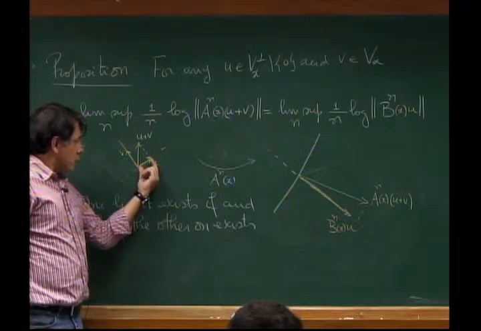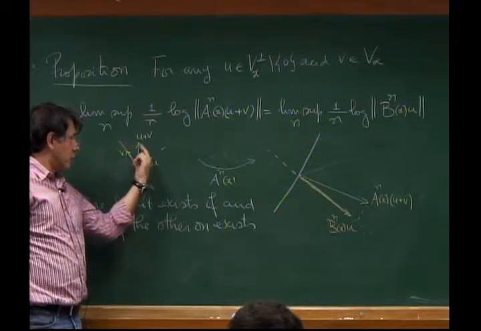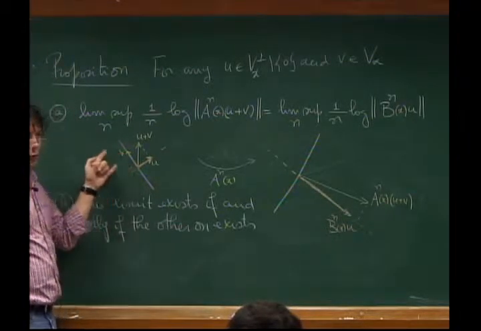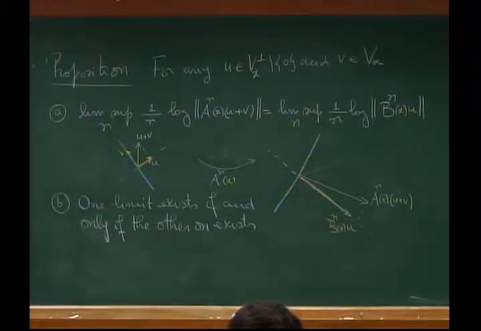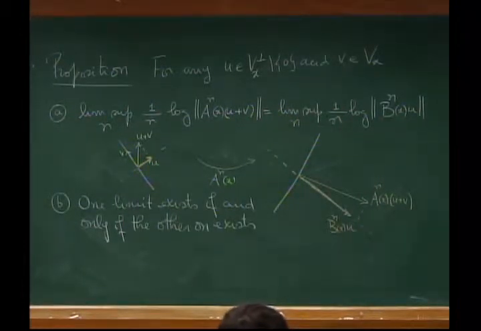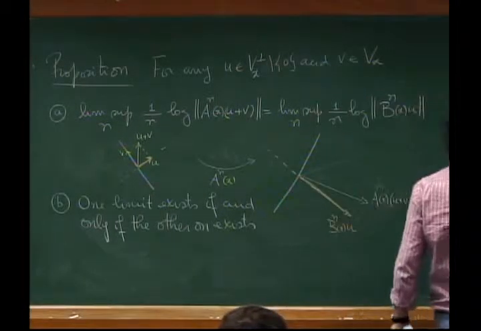The rate of growth of U is going to determine the rate of growth of U plus V, because this one is going to grow slowly anyway. Okay? So I think we can believe in that without actually checking the calculations. But it's half a page calculation anyway.